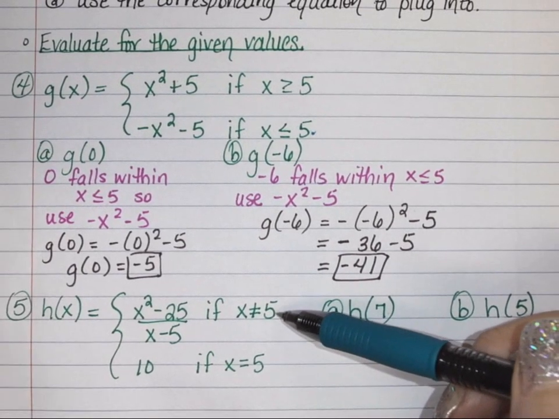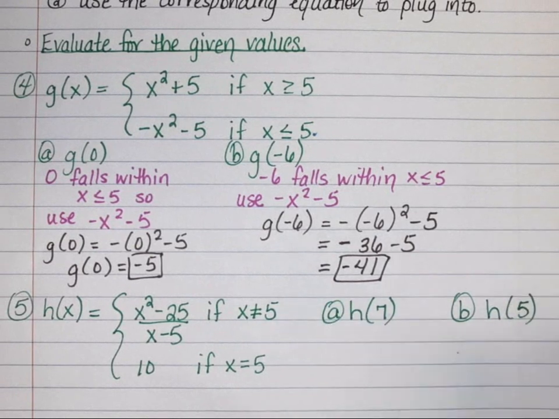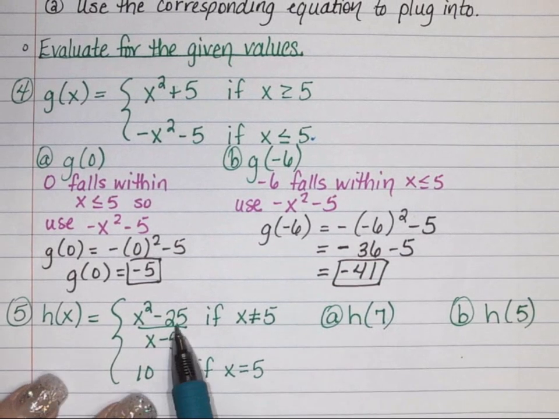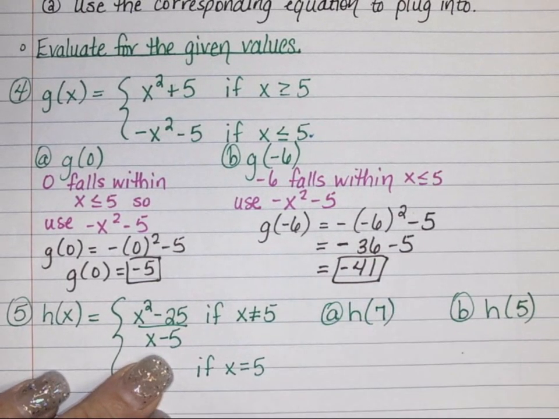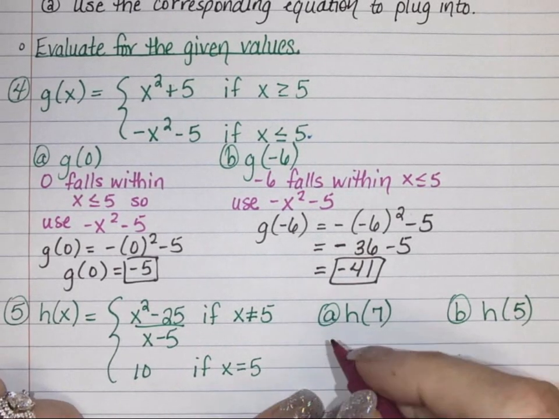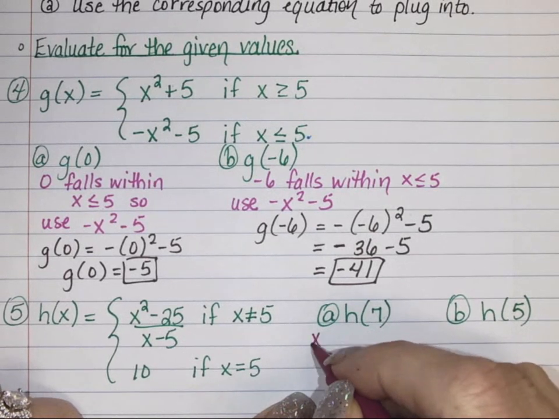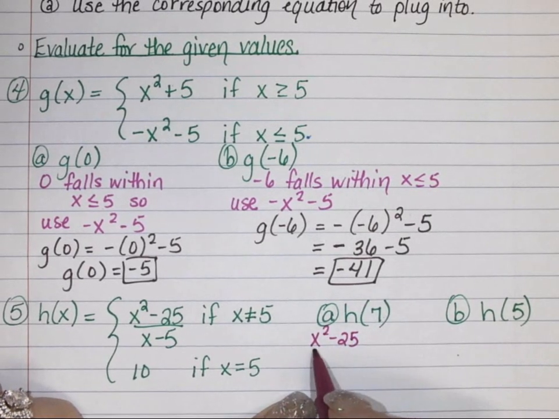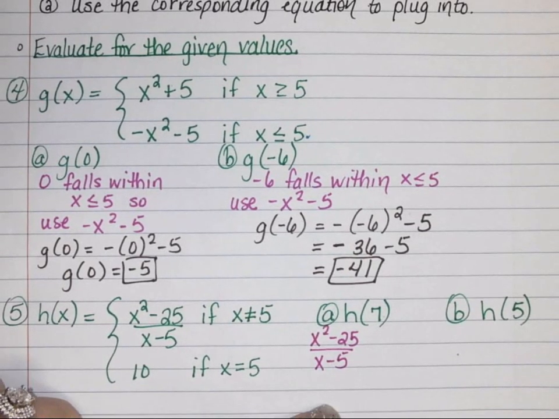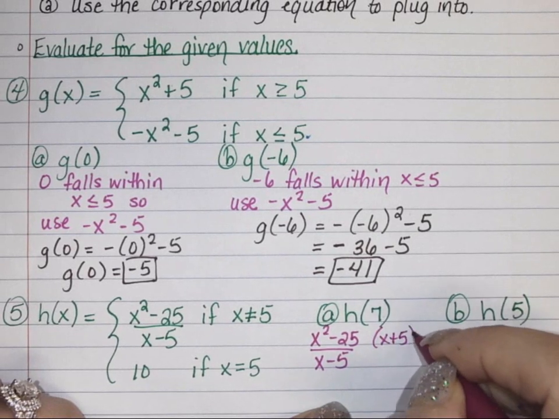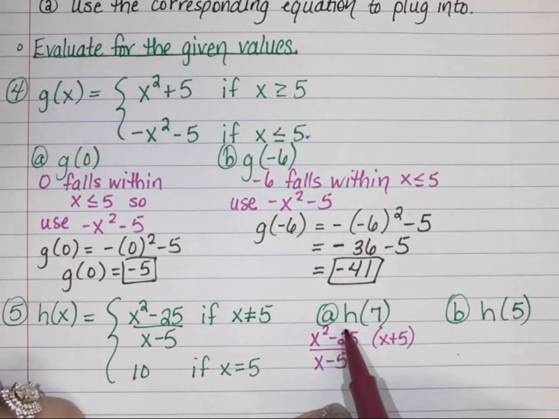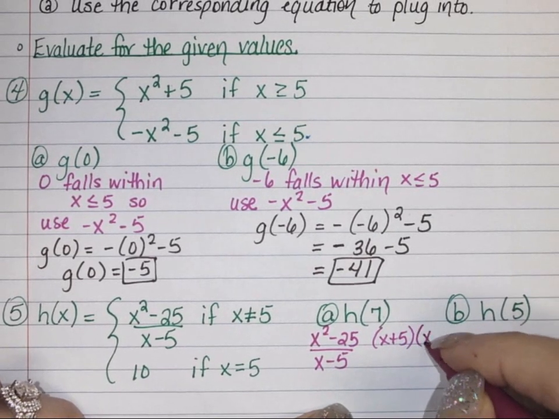So all we have to do, of course, is figure out which one of these that 7 falls into. Well, 7 is not equal to 5, so it falls into that category. So we use this equation. So we're going to plug in 7, and I'm going to show you a shortcut for that. Do you guys remember that x squared minus 25 is a difference of 2 squares, and that will actually factor, because if I can see that, I'm going to simplify this first before I plug 7 in and square it and then have to deal with those nasty fractions.